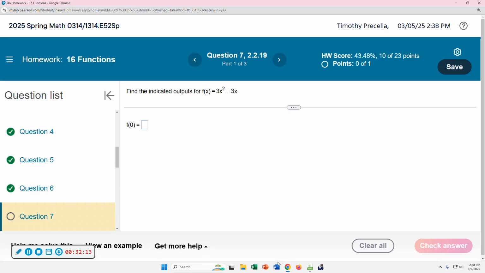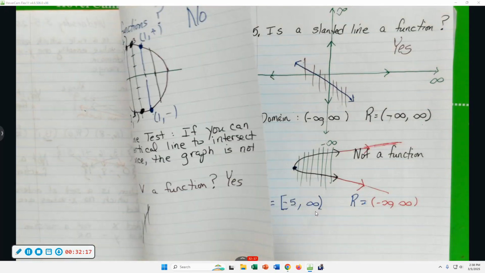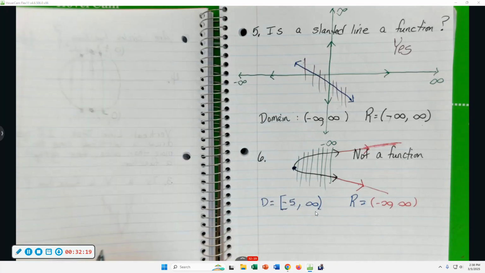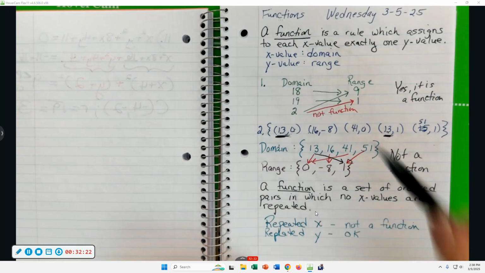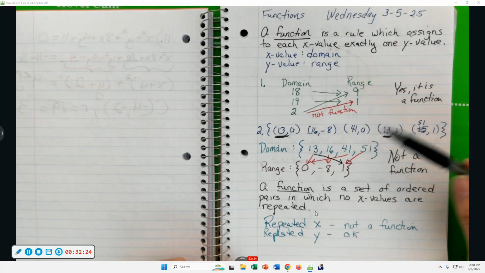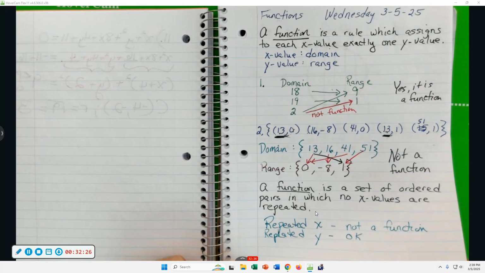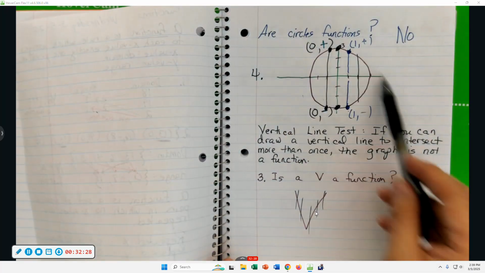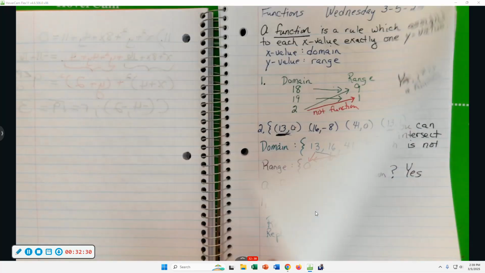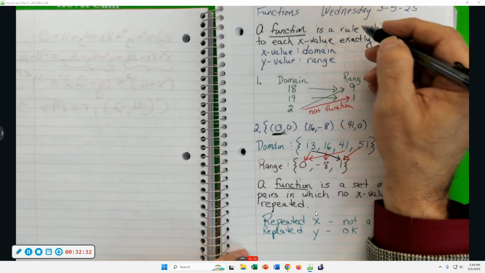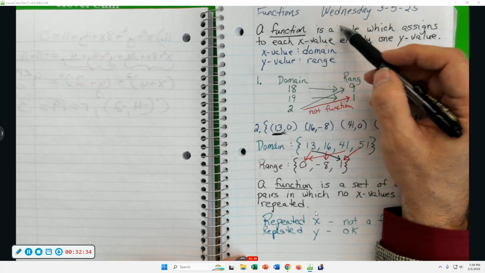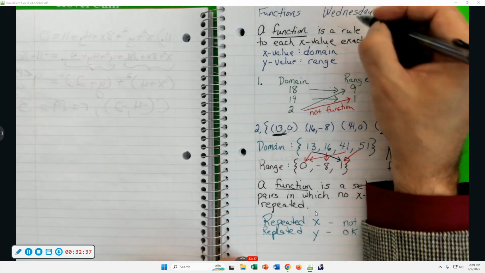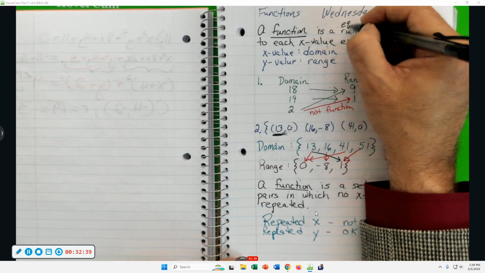So we've seen another definition. We've seen functions listed as little diagrams, rules, ordered pairs. They can be done as graphs. Another way we can define function is to replace the word rule with one of our little equations.